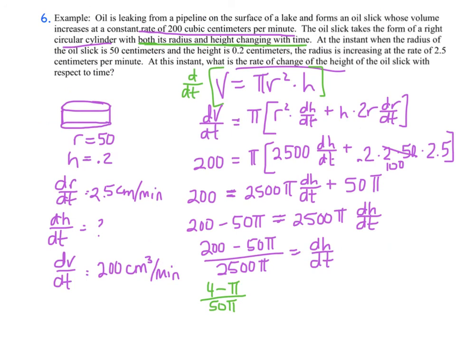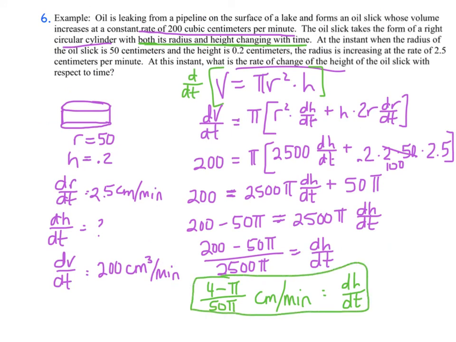I'm not talking about area or volume, so it just gets centimeters per minute. A concluding statement would be that the rate at which the height of the oil slick is growing is (4 minus pi) divided by 50 pi centimeters per minute.